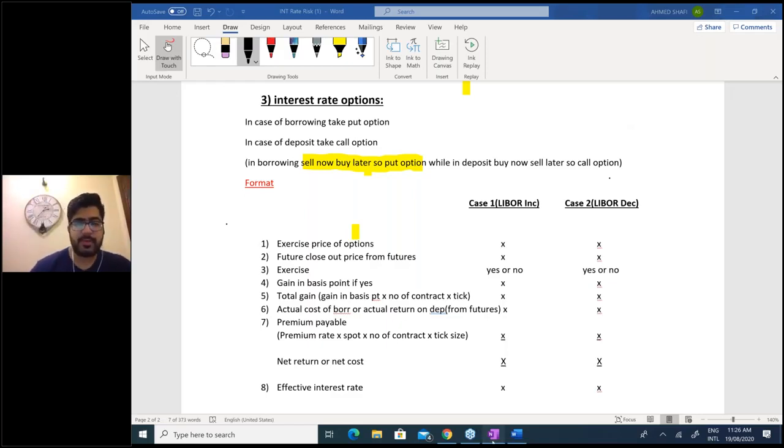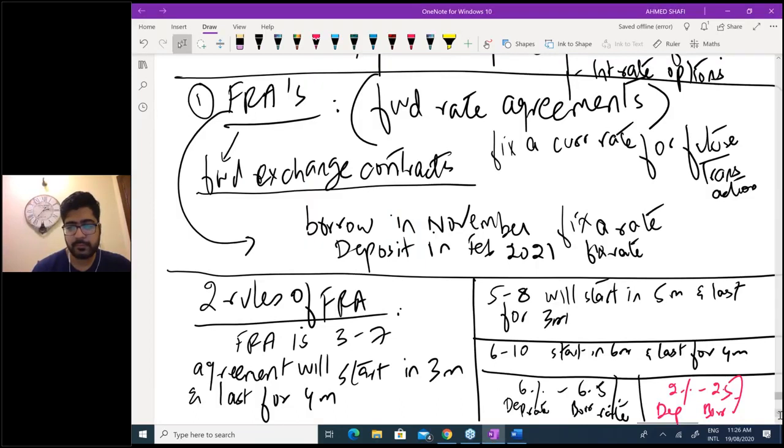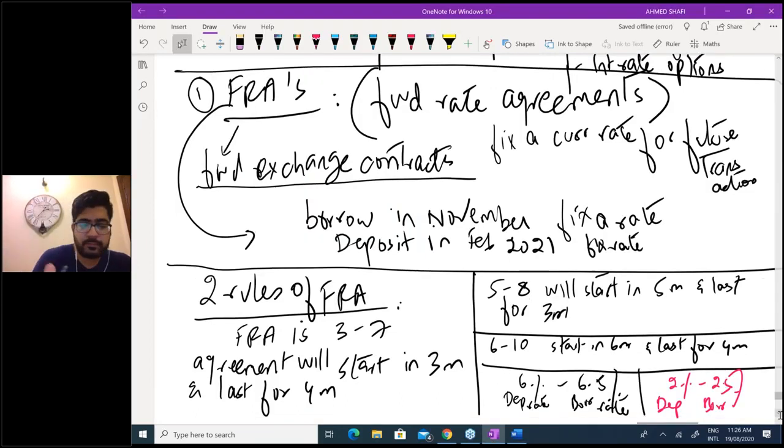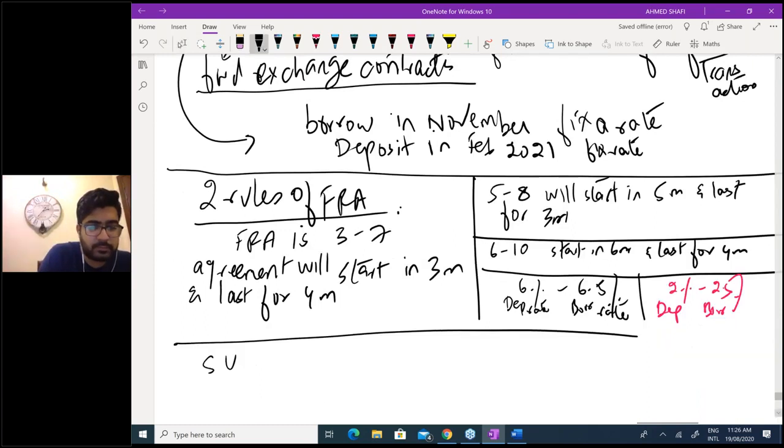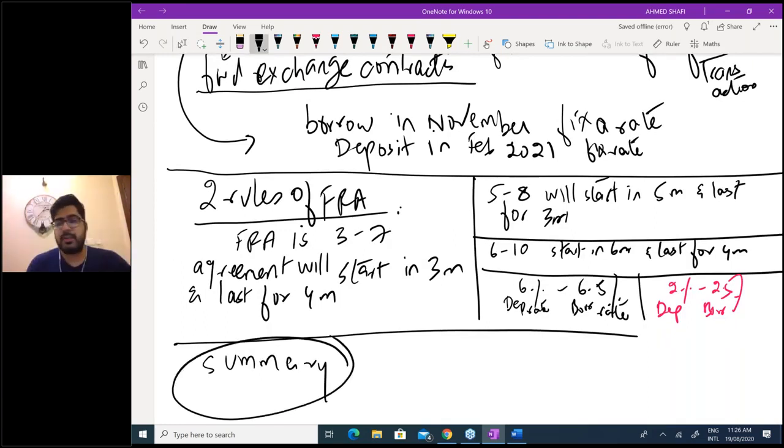Okay, so let's make a summary. To minimize interest rate risk, there are three risk management techniques.